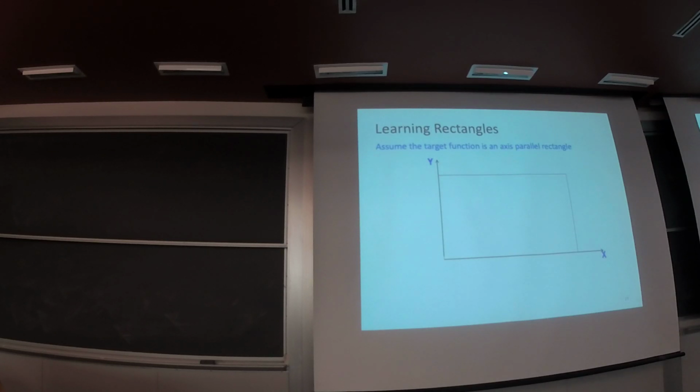So to further illustrate why the VC dimension is important, consider a case. Suppose our target function is a rectangle. How can we classify the points with the rectangle? Very simple. We classify all the points inside as positive examples and all the points outside as negative examples. This is our target function.